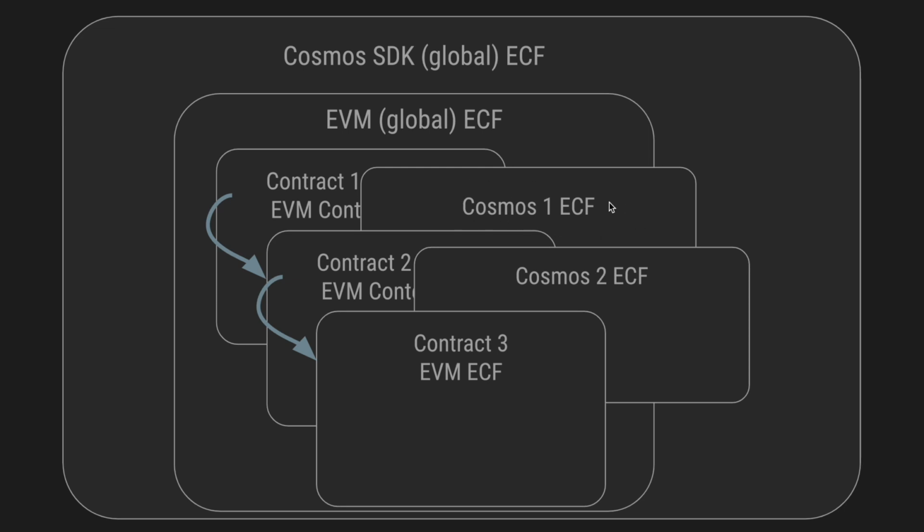And this will be part of the EVM contract call where it originated. So the EVM ECF state needs to be synced with this Cosmos ECF. And if something in the EVM frame fails, then the Cosmos context must also be reverted. So this is how state management looks now in Quasar.